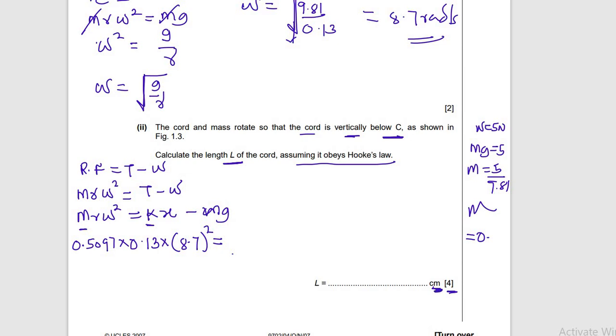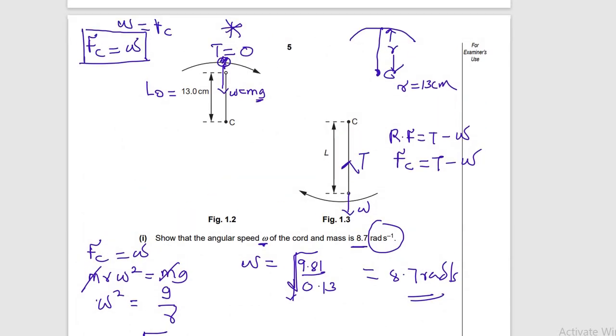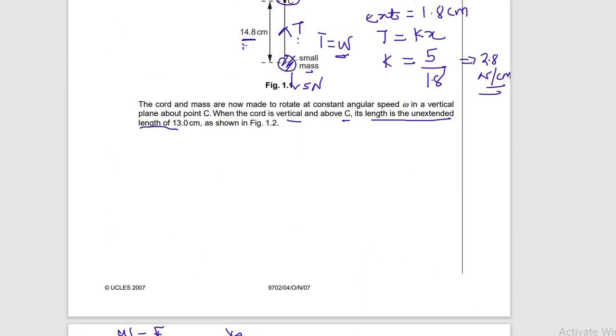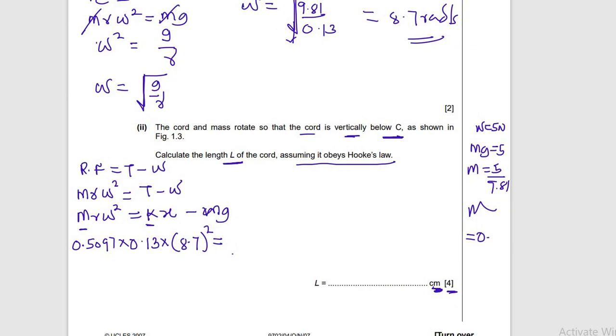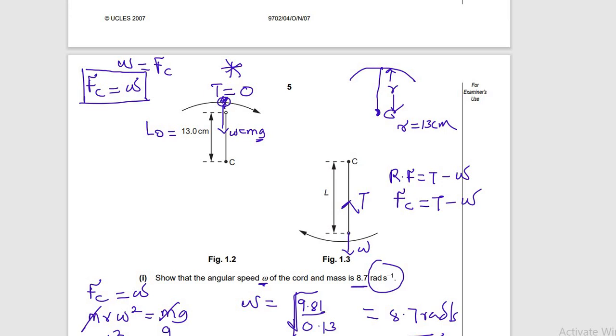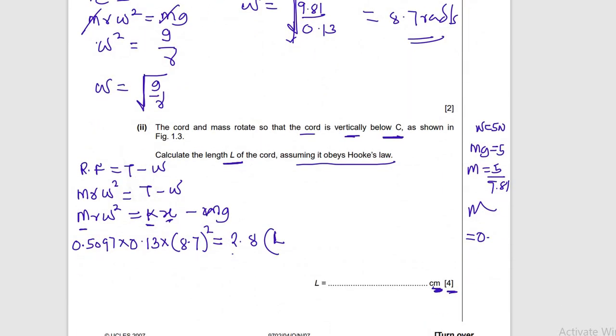The force constant is, I think we got it before, 2.8 something, 2.8 Newton per centimeter. X is extension. Extension is the new length when it's vertically below C, minus the original length.